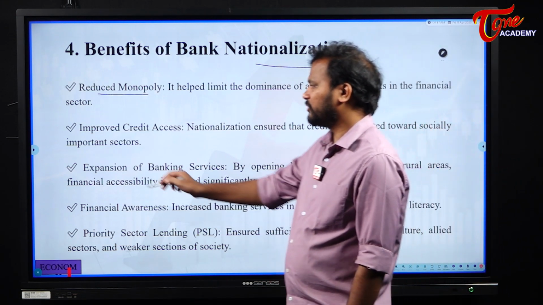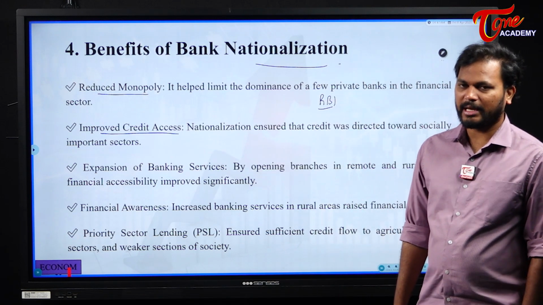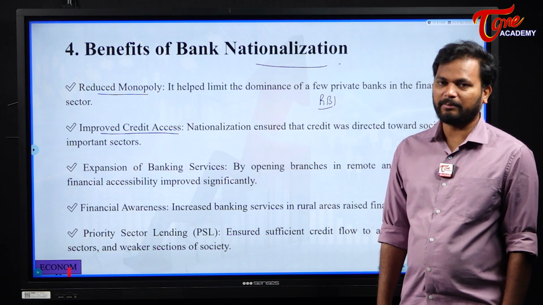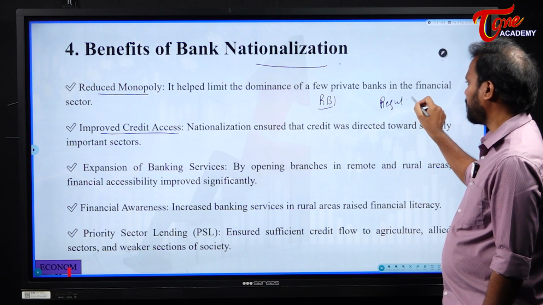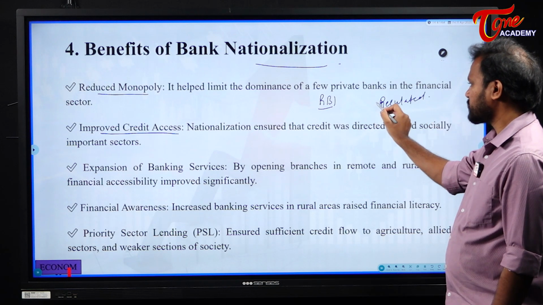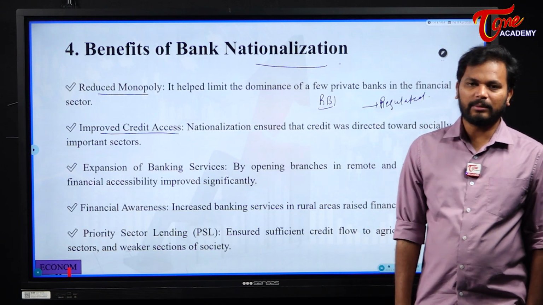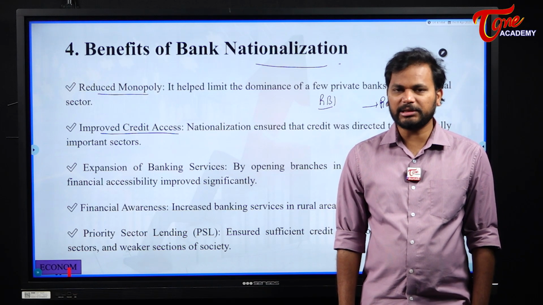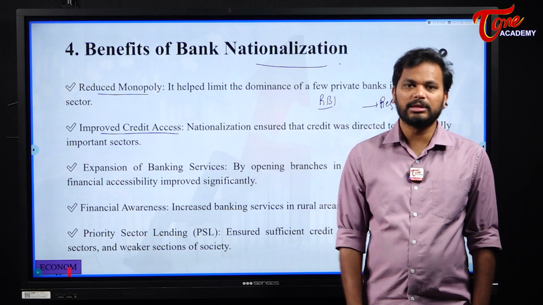Next, as I have told you, there is improved credit access, because if the banks are nationalized, the profit oriented mechanism of the private banks is regulated. The flow of the credit is regulated. As the flow of the credit is regulated, obviously the banks need to allot a certain percentage of their loans to the key sectors.